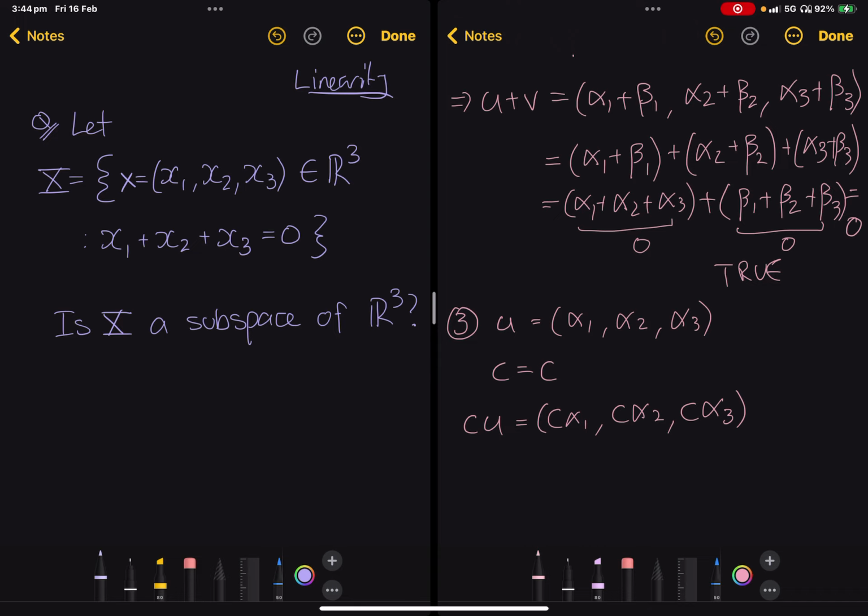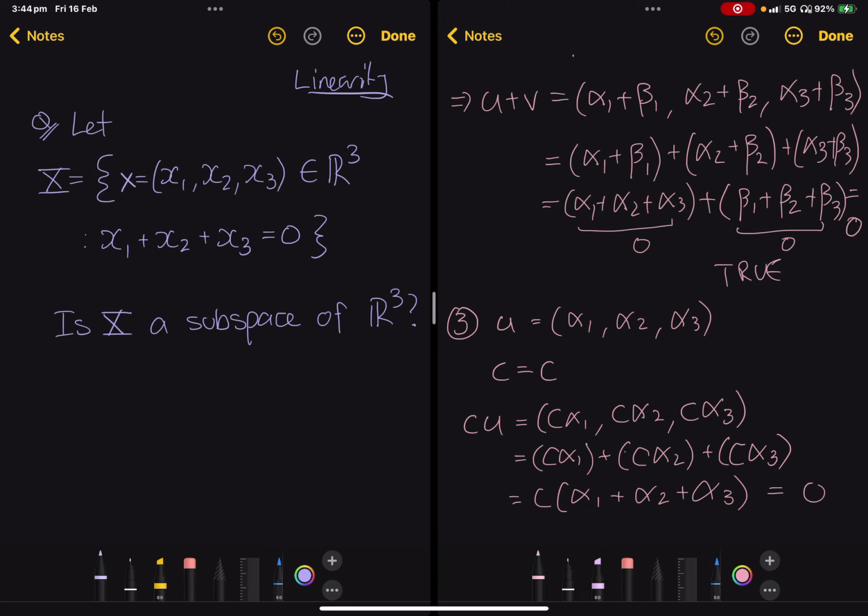Now this is the same as c alpha 1 plus c alpha 2 plus c alpha 3. We can factor c out. We get c in front of alpha 1 plus alpha 2 plus alpha 3, which we know is equal to 0. So this is equal to 0.